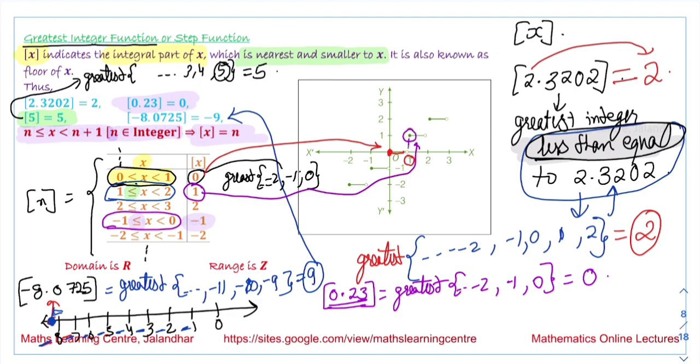It means 1 is included at this point, 2 is not included over here, and the value of the greatest integer of x we are getting is 1. So if we plot all these points, between 0 and 1 the answer is 0. For all numbers between 1 and 2, the answer is 1. For all numbers between 2 and 3, including 2, the answer is 2. Similarly, for negative numbers, we have these two answers over here.